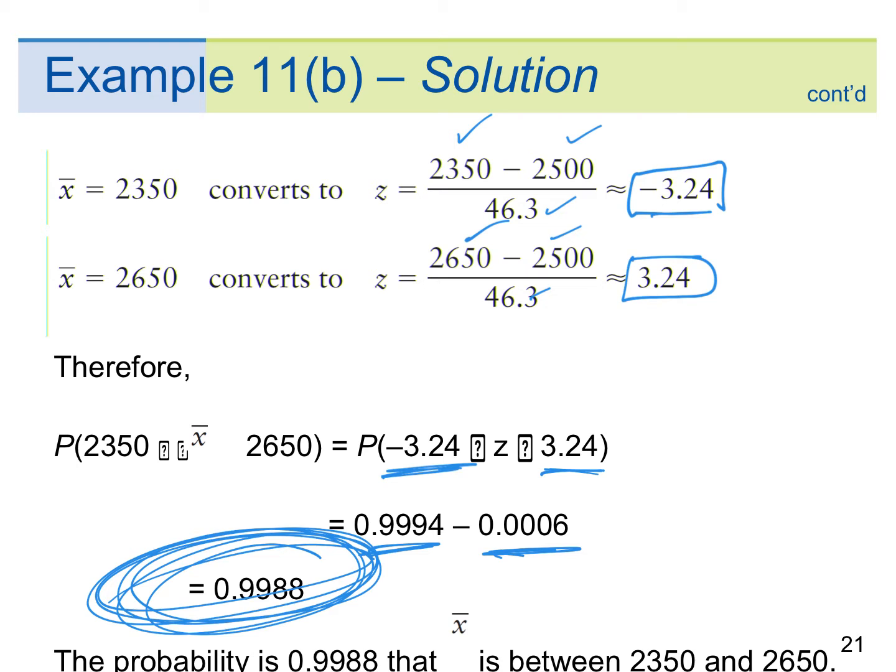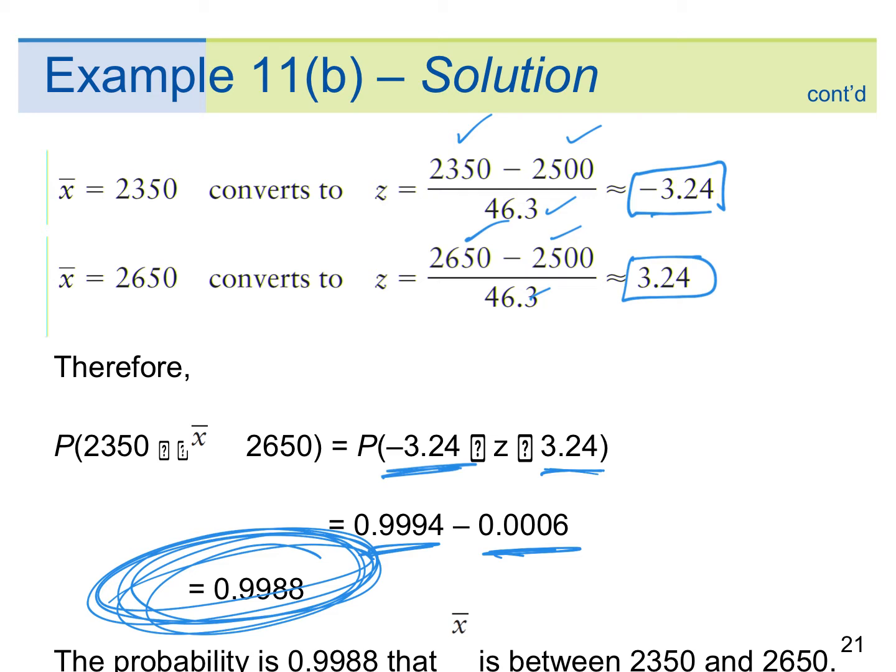So guys, if I use the word chance, there's a 99.88% chance that the bacteria level in the sample of milk is going to be between 2350 and 2650. Done.